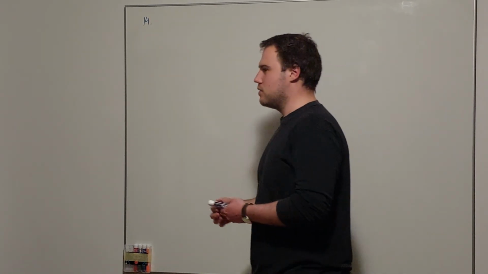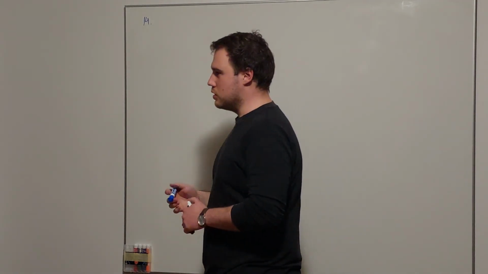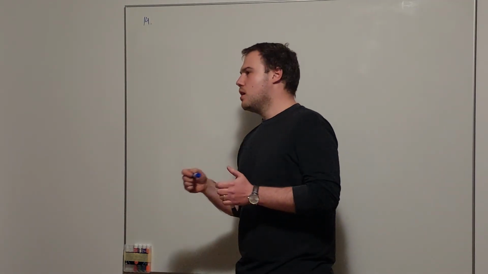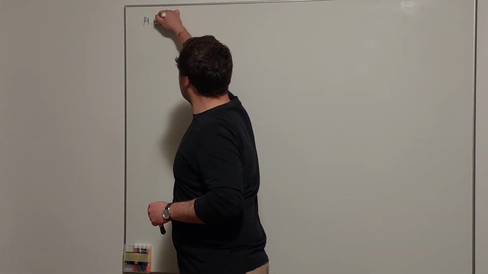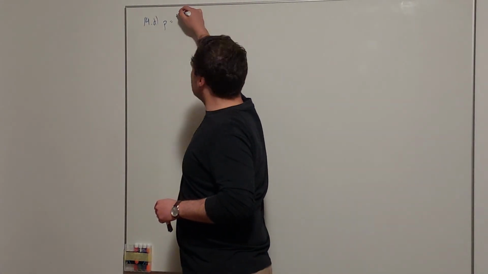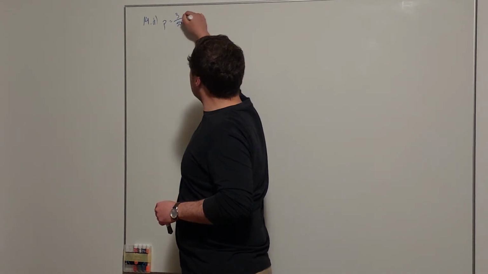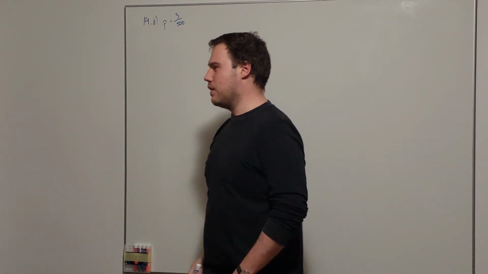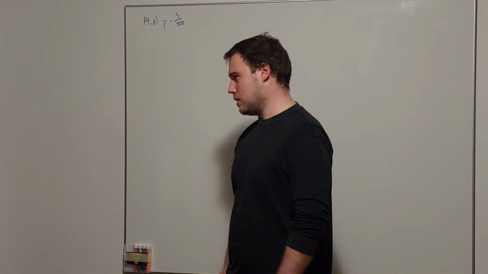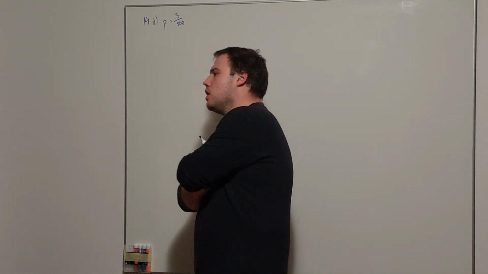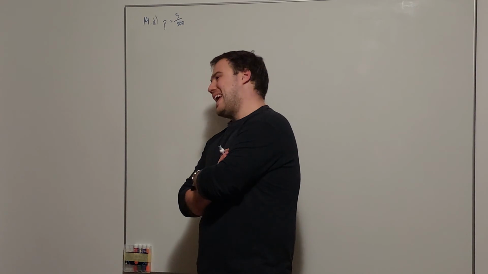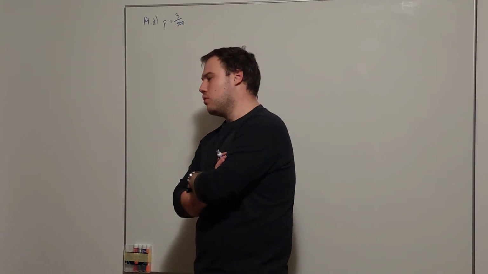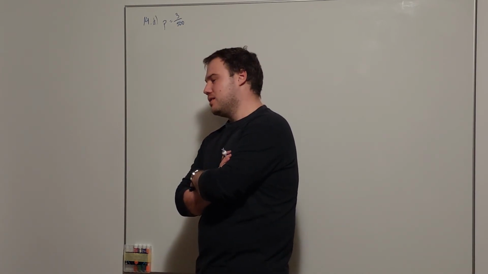Okay, at a certain factory, the proportion of faulty items produced by a machine is P equals 3 on 500, which is considered to be acceptable. To confirm that the machine is working to this standard, a sample of size n is taken and the sample proportion P hat is calculated.